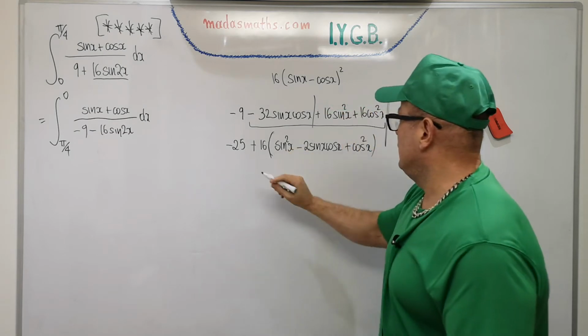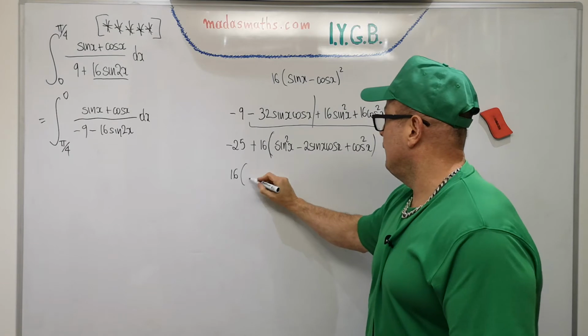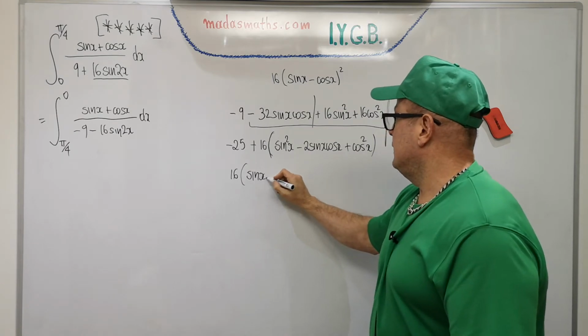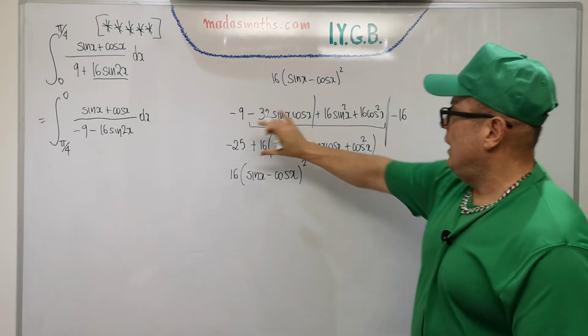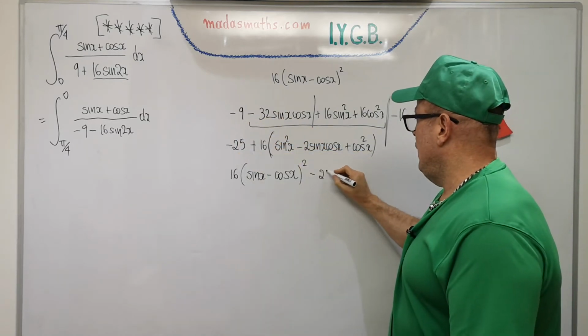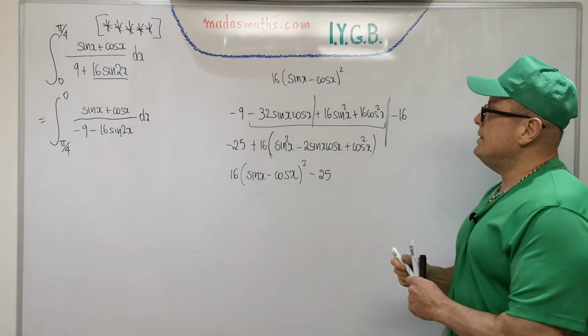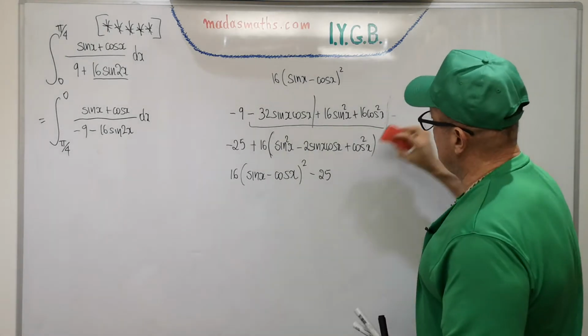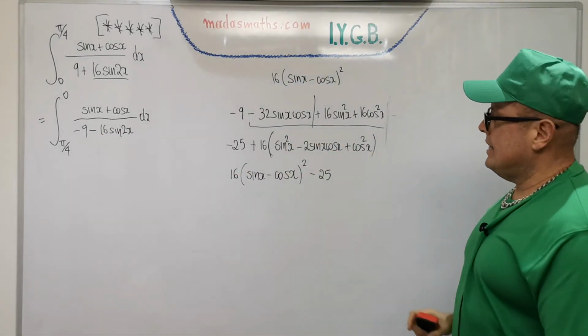And of course, this is now on my next line. Let me just write this first. It's going to be 16, this is the perfect square, sine of x minus the cos of x all squared, and the minus 25, I wrote it on the right. What has happened just now? This denominator is exactly the same thing.